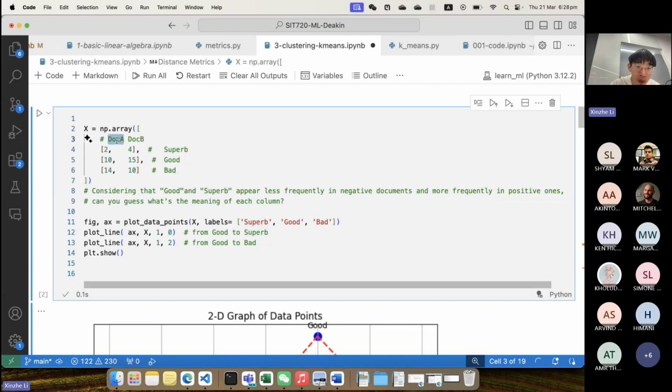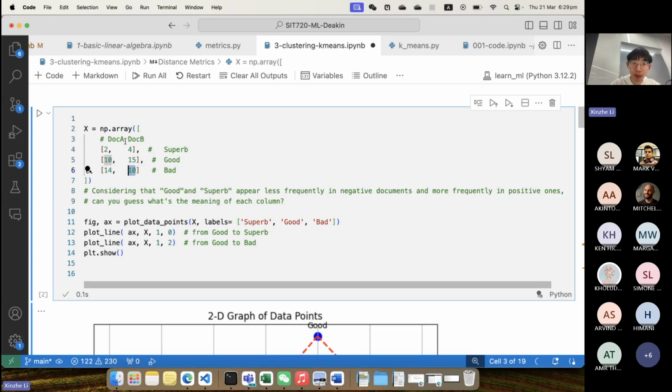For example, this first column is for document A. It will record how many times super appears in document A. You see, super appears in document A twice, in document B 4 times, and good appears in document A 10 times, in document B 15 times, and the same thing, 14 and 10 times.